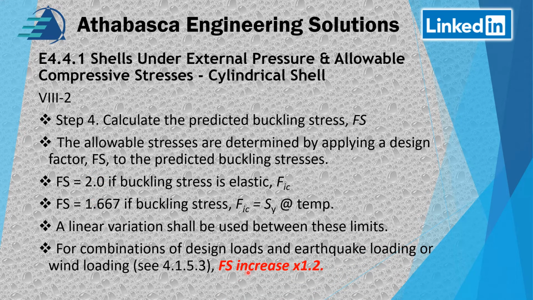And for combination of loads such as earthquake loading or wind loading, then they're saying increase your FS by 1.2, so a factor. And there's more statements finding that, but it's largely shown in 4153 for combined loads. In our case, we're just looking at the external load, and we're ignoring the internal pressure issues and so on for this particular example, so that the example doesn't blow up in complexity, right?